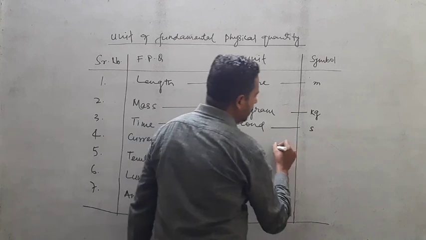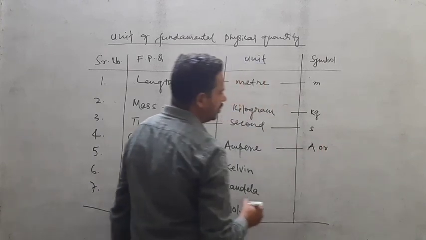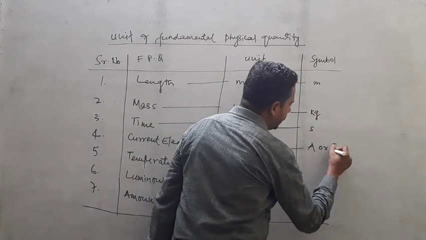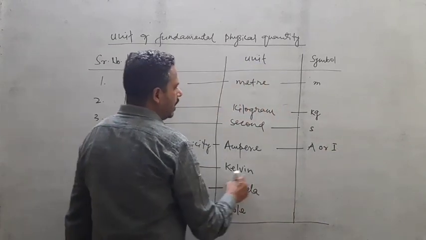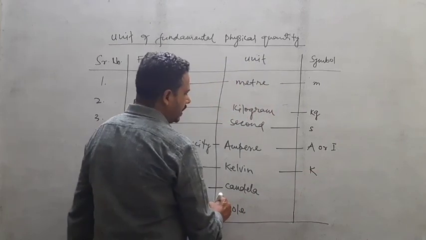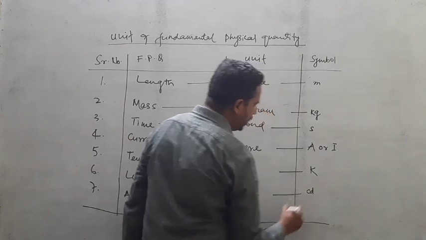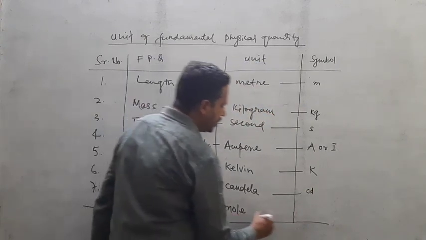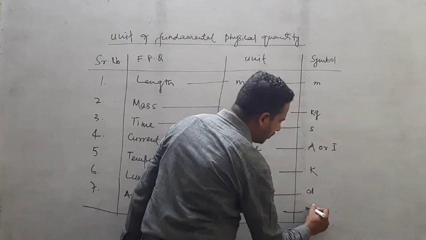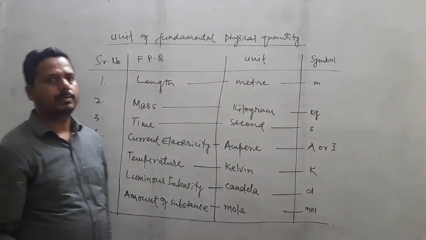Ampere is written as either capital A or capital I. Now Kelvin is written by capital K. Candela is written by small c, small d. And mole is written by small m o l. So this is our symbol by which we can represent them.